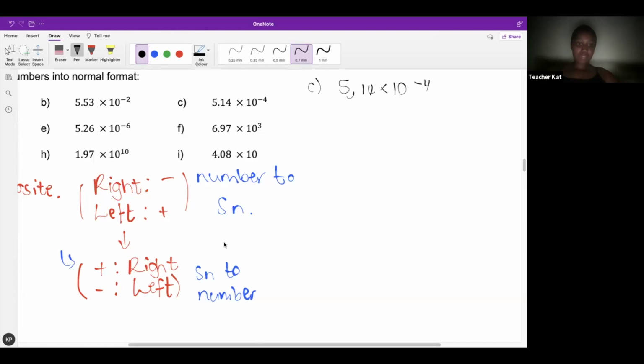Left, how many times? 4 times, so I need to add how many zeros before that 5? How many zeros do I need to add? 3 zeros. Beautiful, guys.